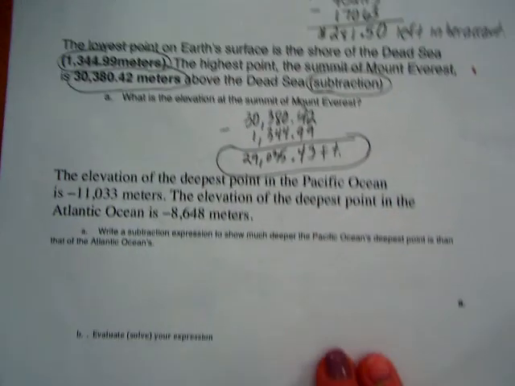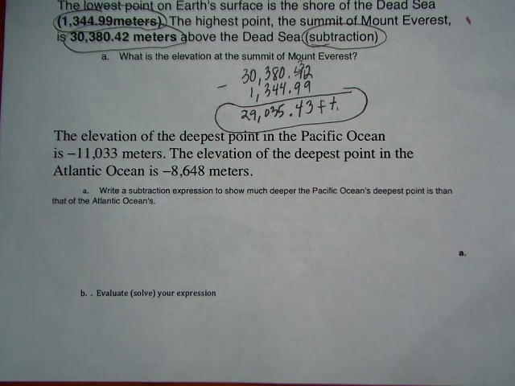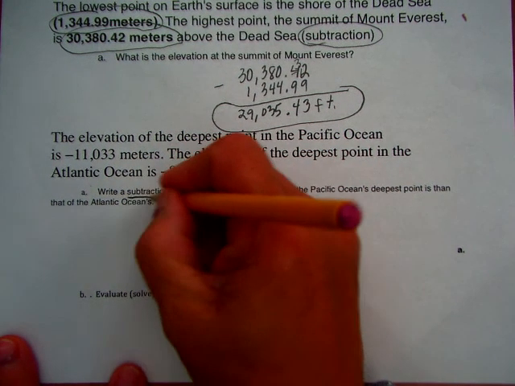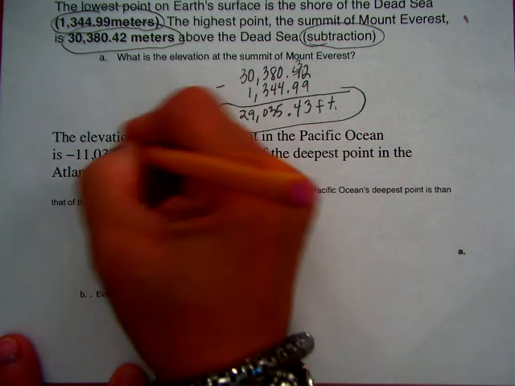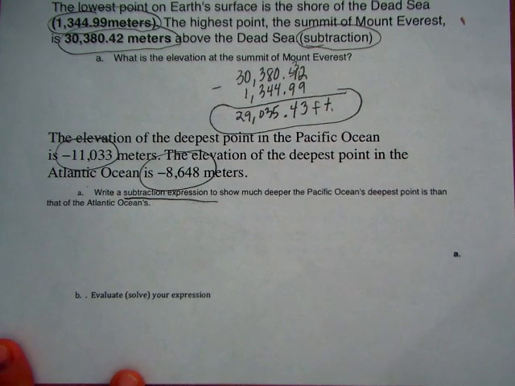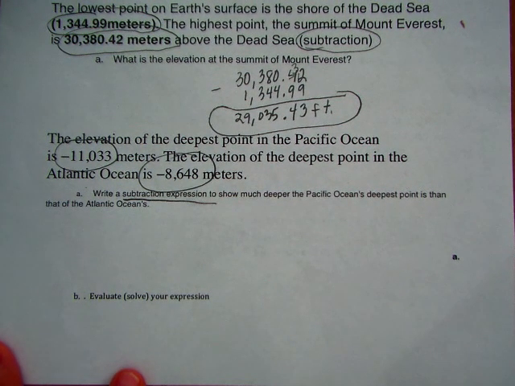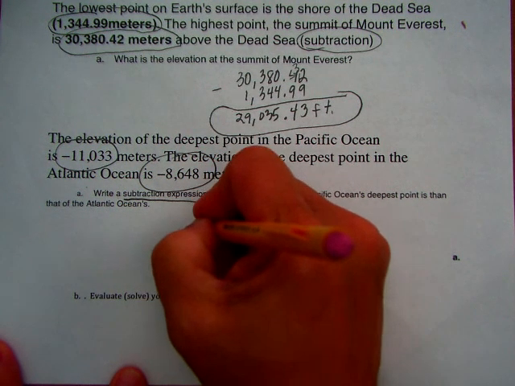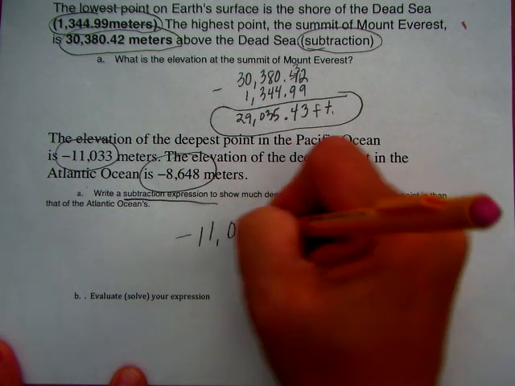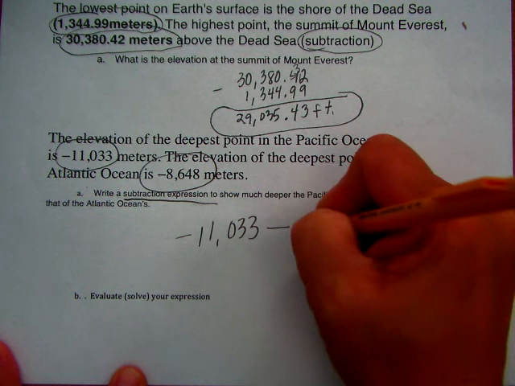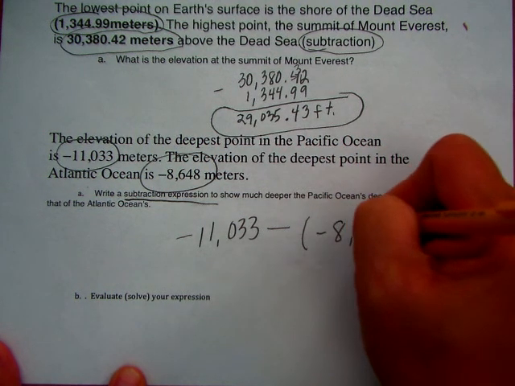Okay, the next problem. The elevation of the deepest point of the Pacific Ocean is negative 11,033 meters. The elevation of the deepest point of the Atlantic Ocean is negative 8,648. Write a subtraction expression. Okay, so you have your two numbers, and they want it to be subtraction. So you have negative 11,033, and they want you to subtract negative 8,648.